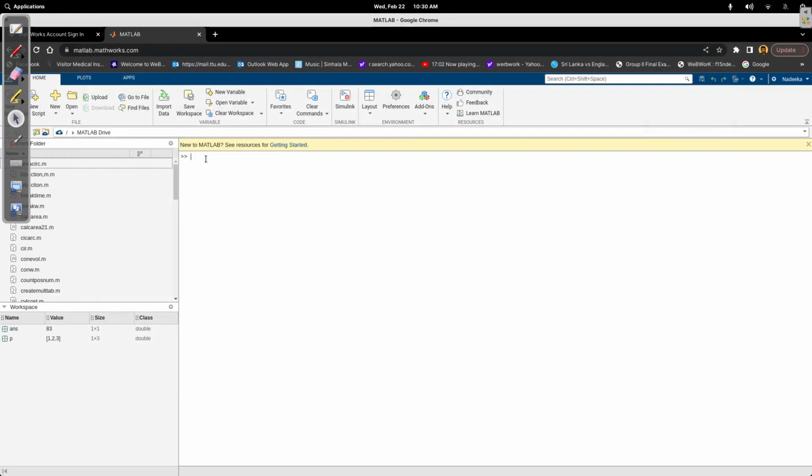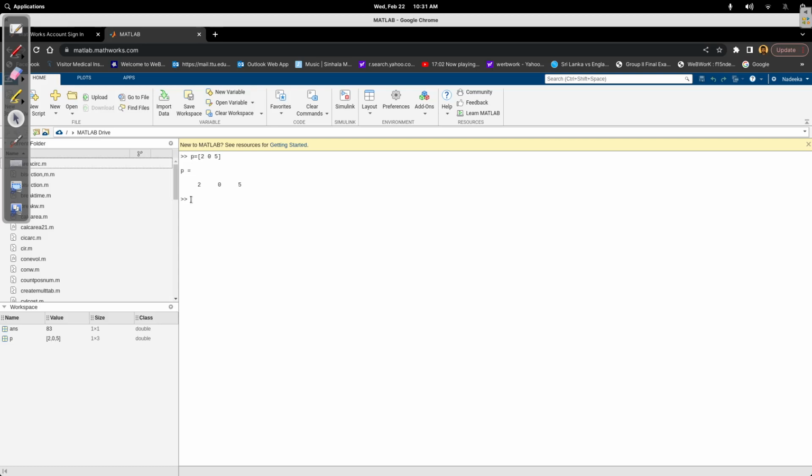The polynomial should have 2 as the coefficient of x squared, then 0 as the coefficient of x, and 5. So this is the polynomial, 2 0 5.